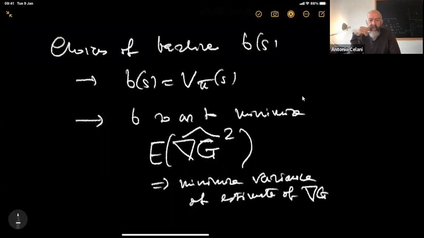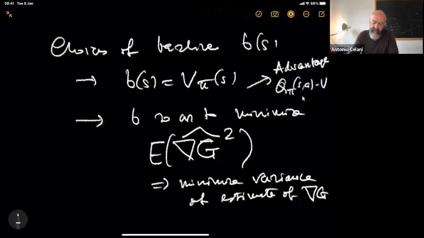So the first choice is a choice which means that you're trying to equalize your Q function with your value function. Okay, so you try to reason in terms of relative advantage, and in fact, this is what gives the name advantage. Technically speaking, the advantage is the difference between the Q function and the value function.